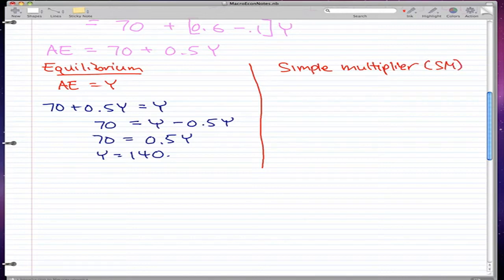And I know that you are very familiar with this concept now. The simple multiplier is simply 1 over 1 minus z, and that is essentially the change in the equilibrium spending over AE naught.